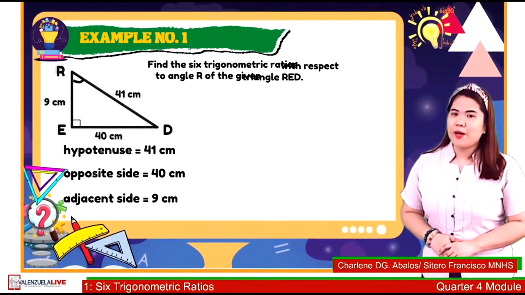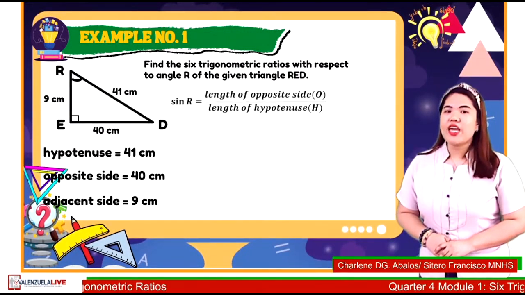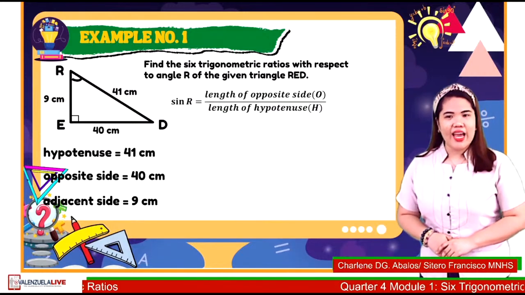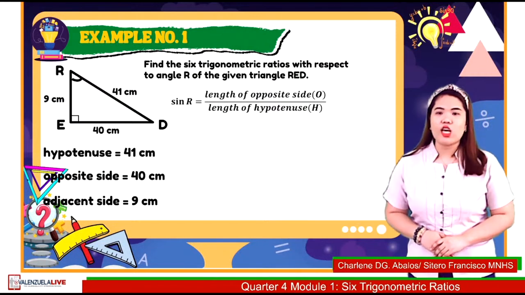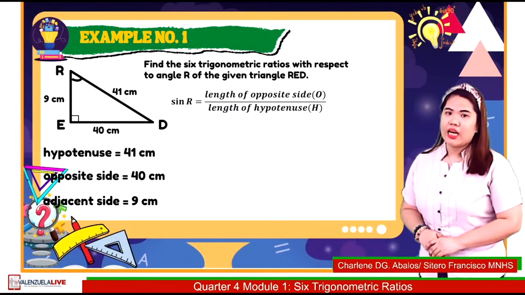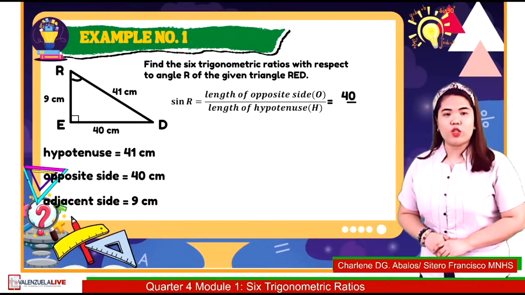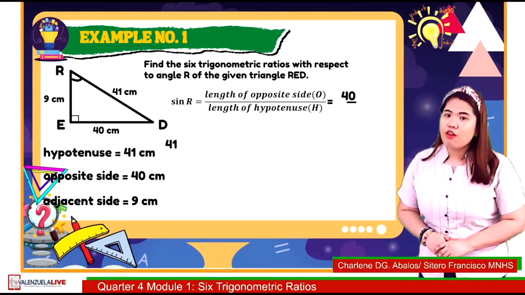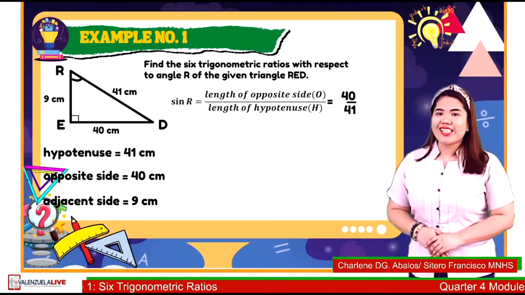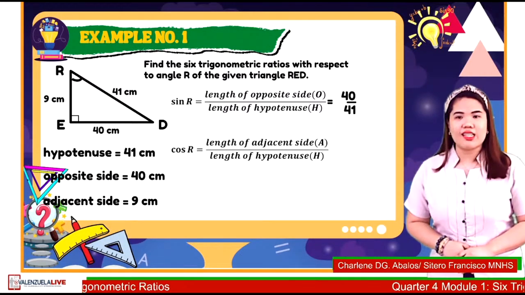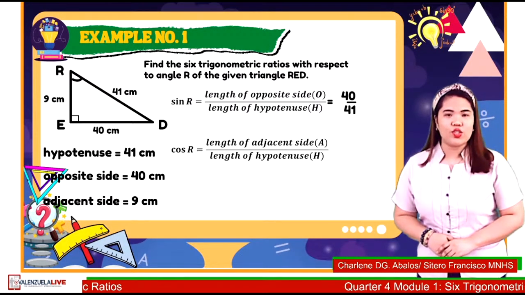For sine R, we have opposite side over hypotenuse. Opposite side is equal to 40 and hypotenuse is equal to 41. We have 40 over 41. Cosine R is adjacent side over the hypotenuse.